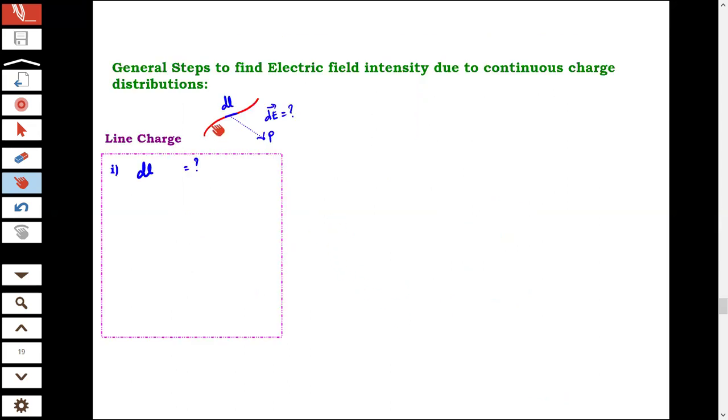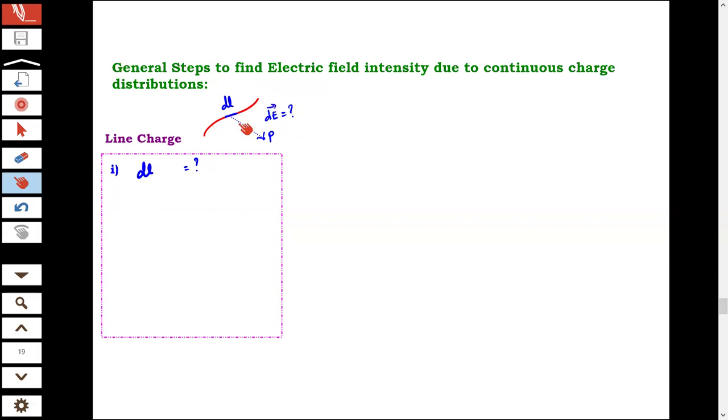Next, let us discuss a few general steps which we will follow to solve for electric field intensity using Coulomb's law for different types of continuous charge distributions. Starting with a line charge, if we have a line charge and an observation point P where we are measuring the electric field intensity, first we need to find the differential amount of electric field intensity produced by the smallest length element in this line charge.